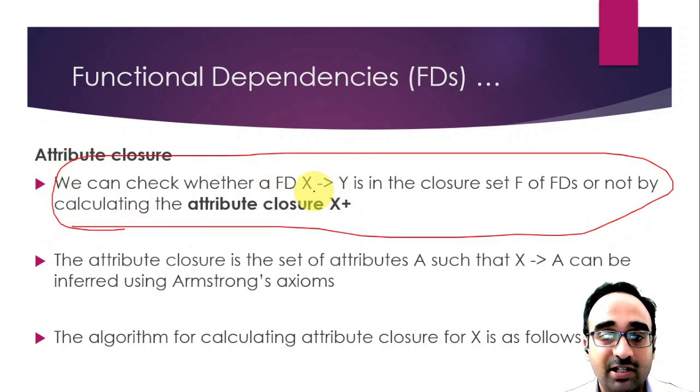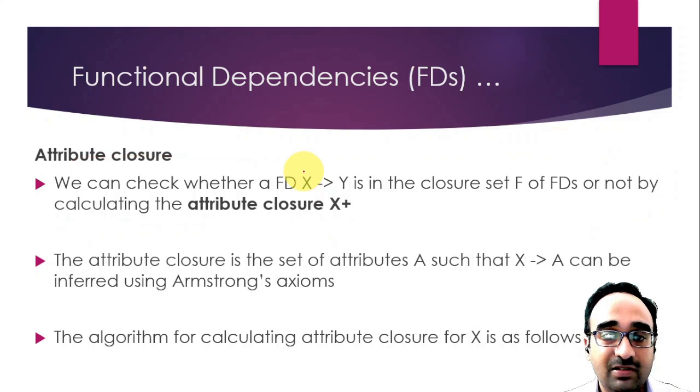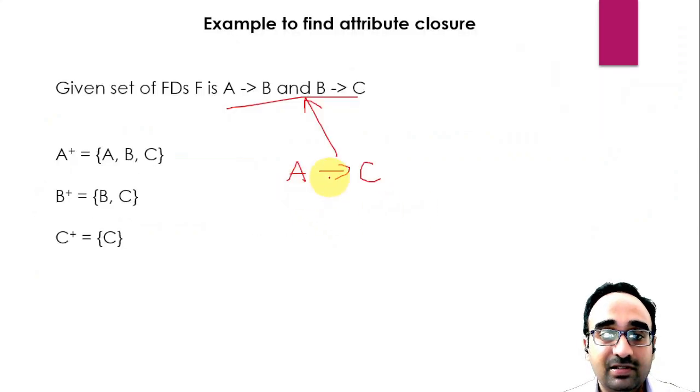Okay, we can check whether a given FD belongs to a set of FDs or not by finding the attribute closure of X. Okay, so here X is this according to that notation.